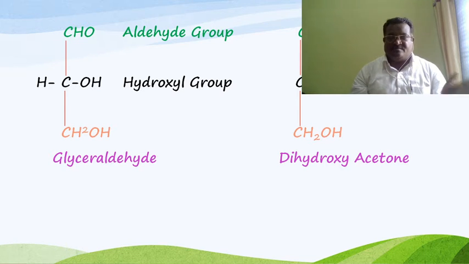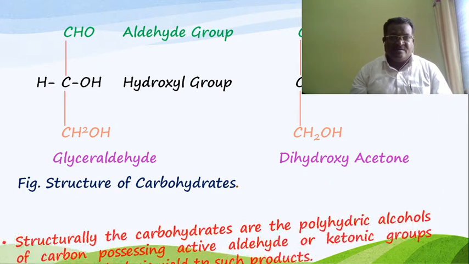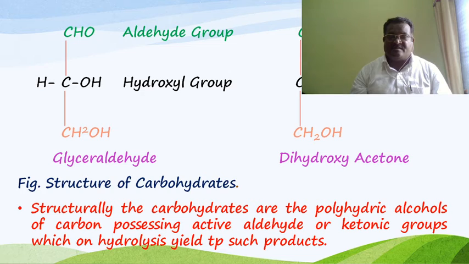Here is another example of a carbohydrate: CH2OH, C double bond O, that is a keto group, and CH2OH, which is dihydroxyacetone. Structurally, carbohydrates are polyhydric alcohols of carbon possessing an active aldehyde or ketonic group, which on hydrolysis yield such products.